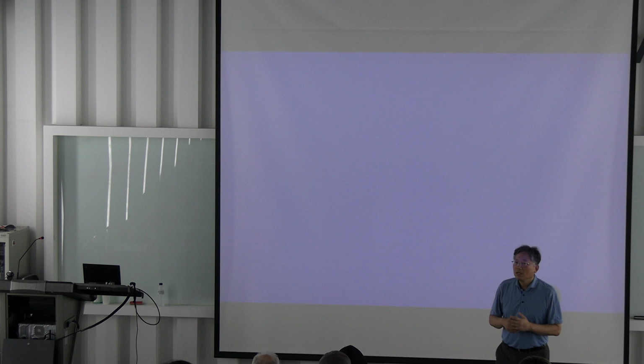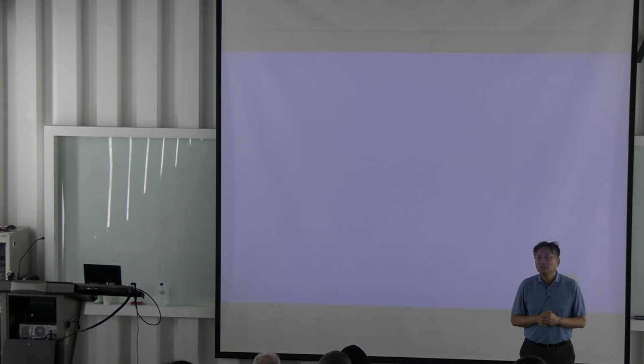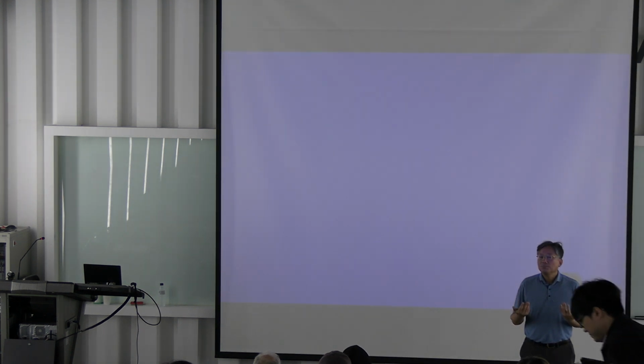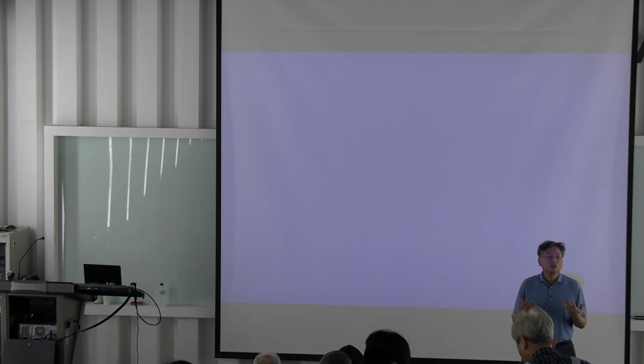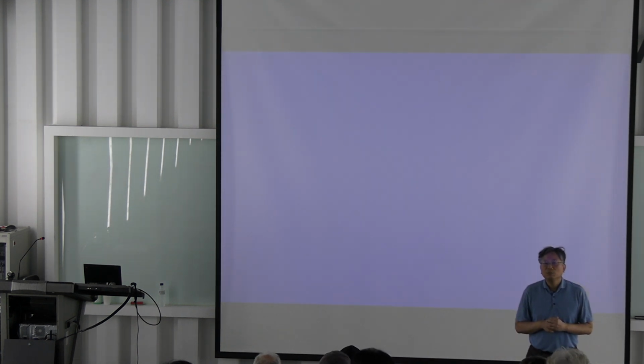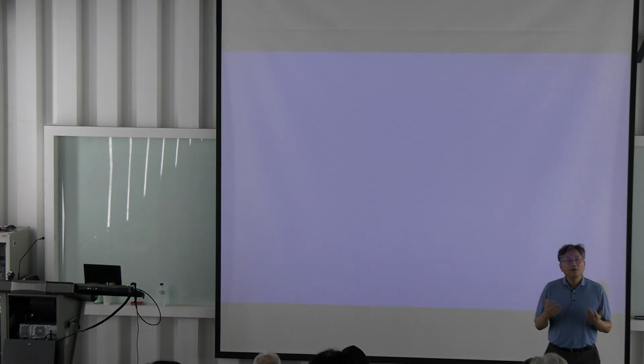Last week, he gave us a wonderful talk about estimating or approximating or learning the distribution. Today, he's going to be talking about another very, very important topic, fairness in AI, or fairness in machine learning.